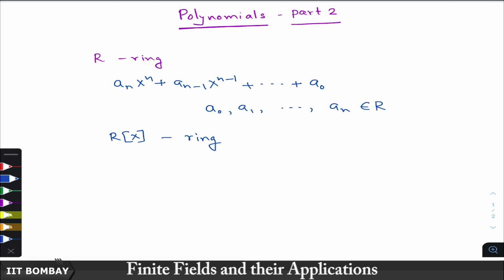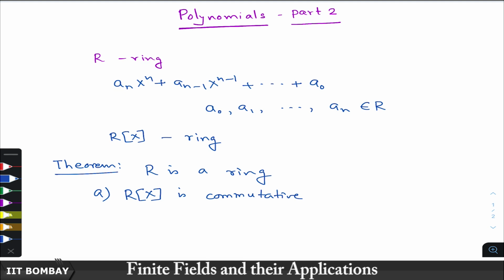Now, there is some basic relationship between the original ring R and the polynomial ring R[x], and we will first mention these as a theorem. R is a ring, then the ring R[x] is commutative if and only if R is commutative.